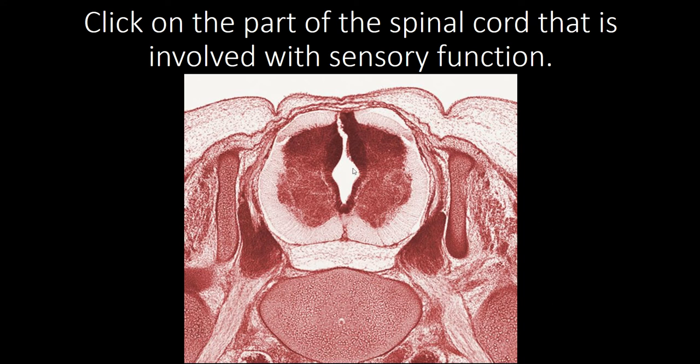So this is going to become the dorsal horn of the spinal cord, and this is going to become the ventral horn. So this is the alar plate, and here we have the basal plate. And so if I'm looking just for sensory function, then I'm going to look at the alar plate.